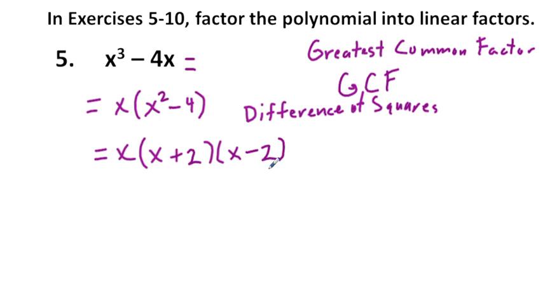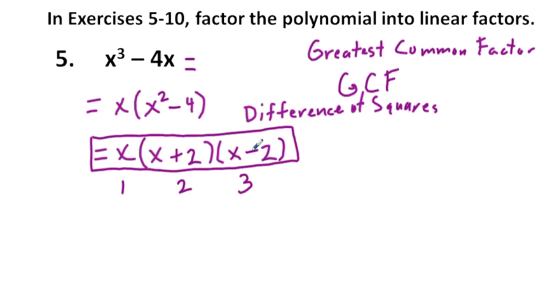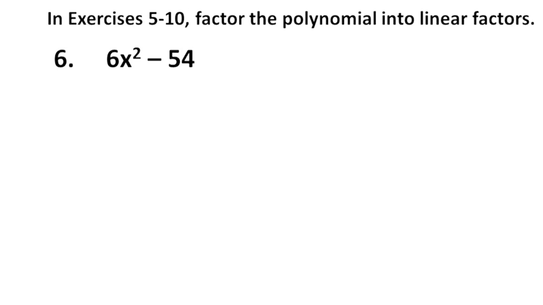So here we have 3 linear factors, completely factored. x is a linear factor, quantity x plus 2 is a linear factor, and quantity x minus 2. They're all linear factors. Next is problem 7.